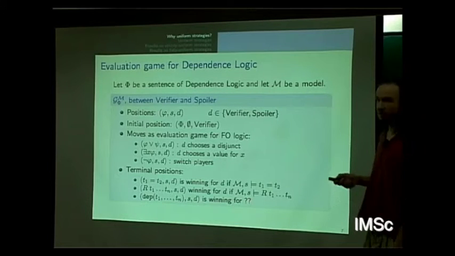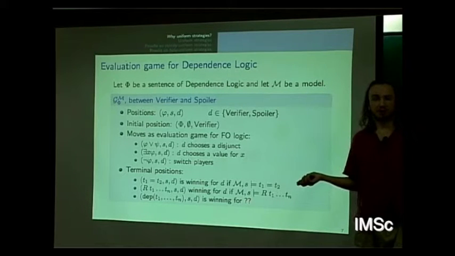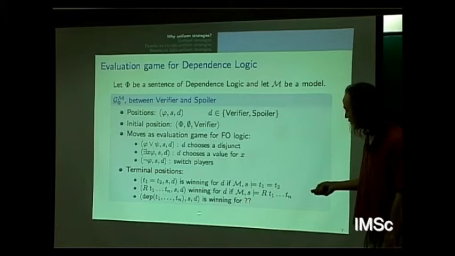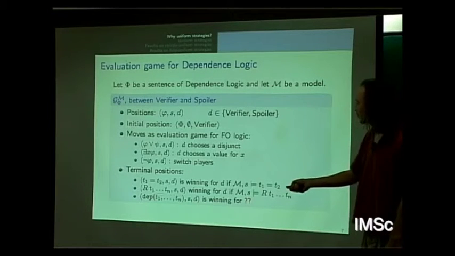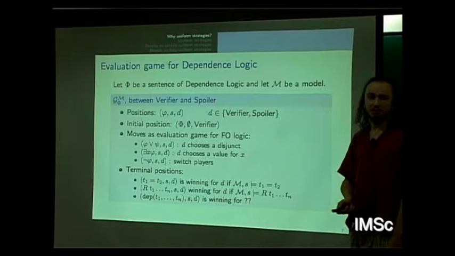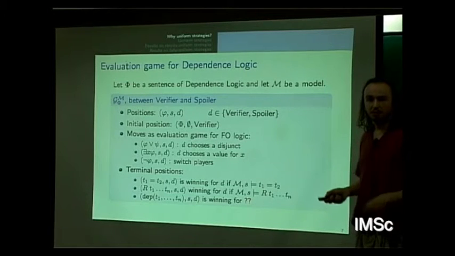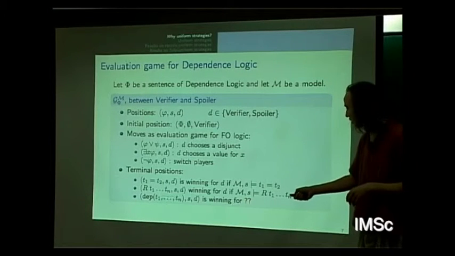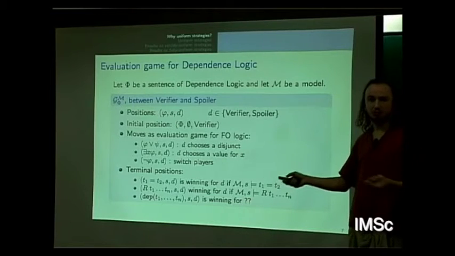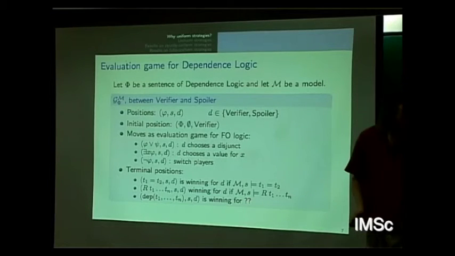So in order to give the semantics of these atomic formulas, you have to consider all the terminal positions of this form that you reach with a given strategy and evaluate this formula on the set of assignments that you reach with a given strategy.